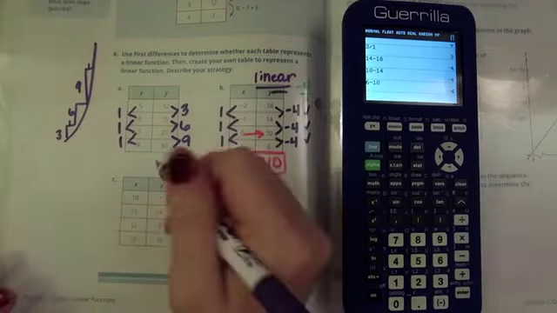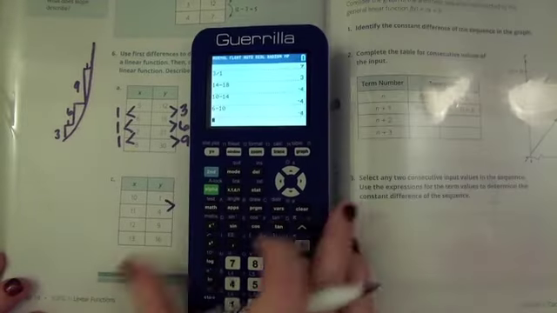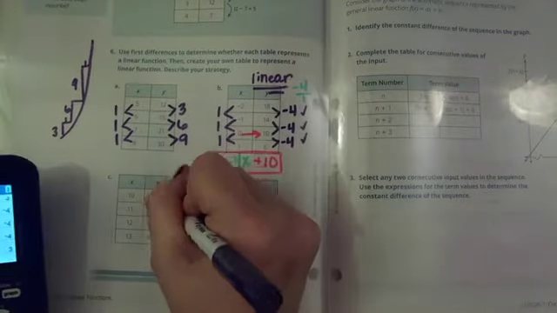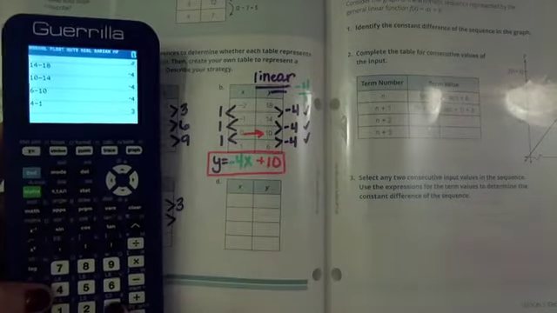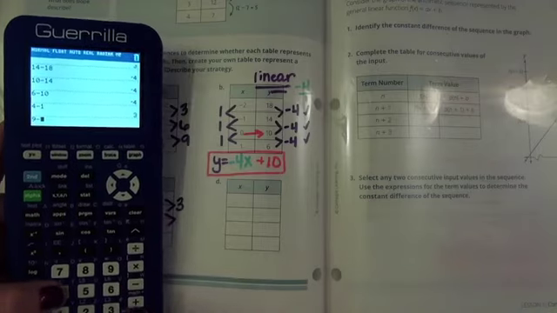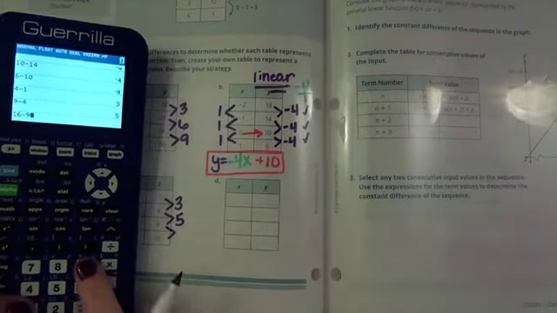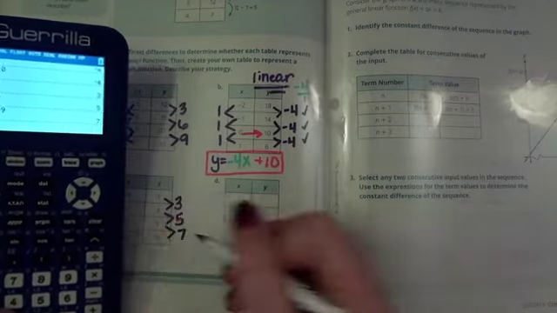Okay, this next one, 1 to 4, or 4 minus 1, is 3. 9 minus 4 is 5. 16 minus 9 is 7.